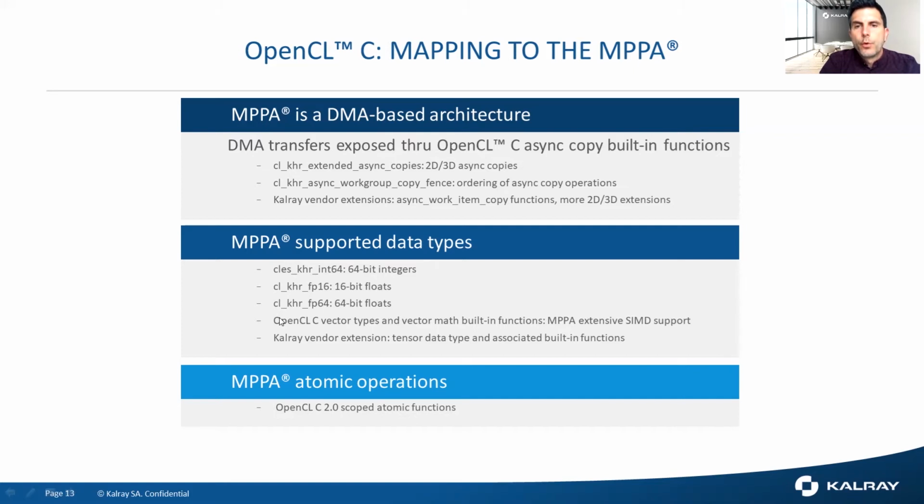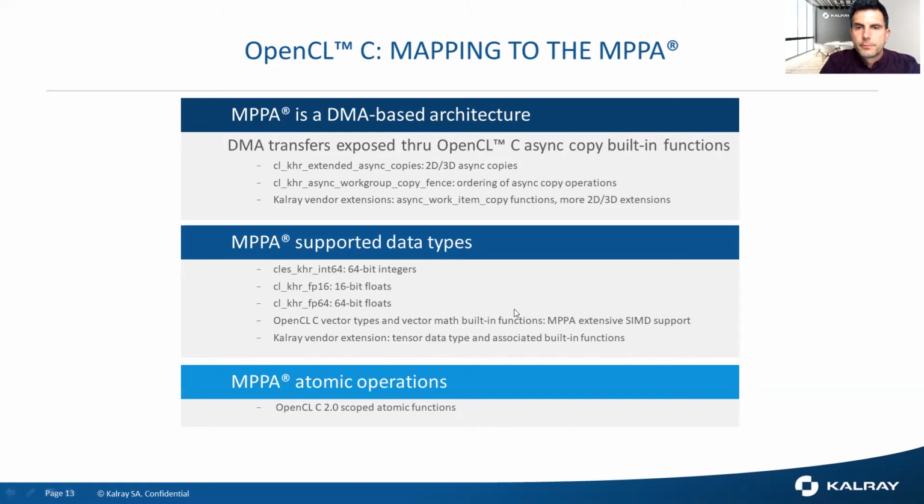We also expose all the MPPA extensive SIMD support through OpenCL vector types and math built-in functions. And the only type that is non-standard, that we cannot expose through a standard OpenCL type, is our tensor data type and associated built-in functions.